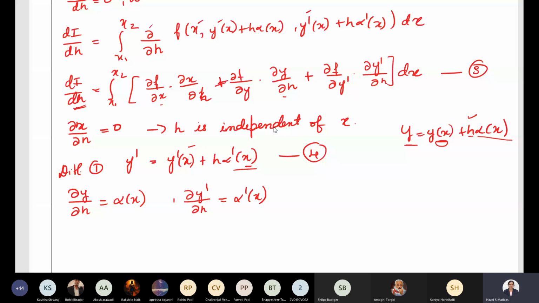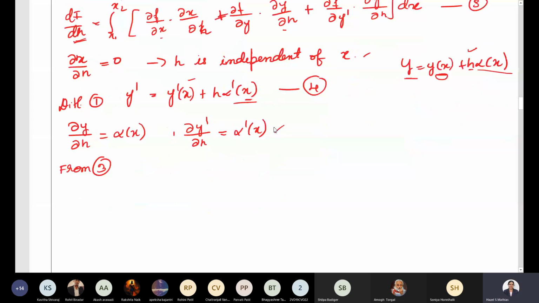Now use all these results and substitute them in 3. So what do we get from 3? di by dh will be the integral from x1 to x2, where dou x by dou h term will be 0.